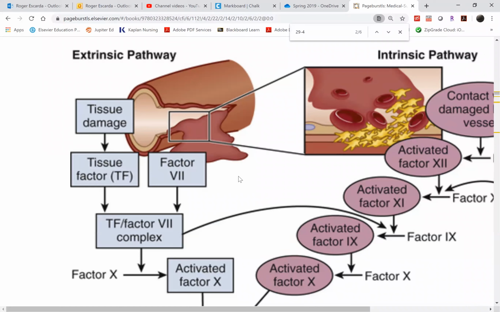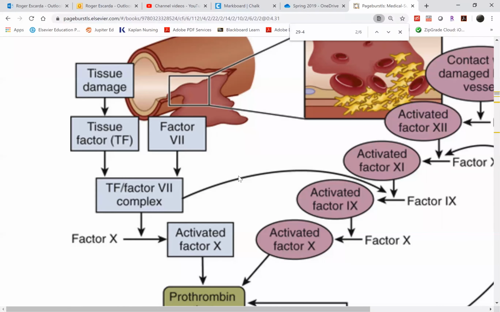There'll be adhesion. I watched a video and they showed these little gray platelet things that attach to where the vessel is broken. The platelet cells aggregate there and form a clot with fibers, making a fibrin clot.